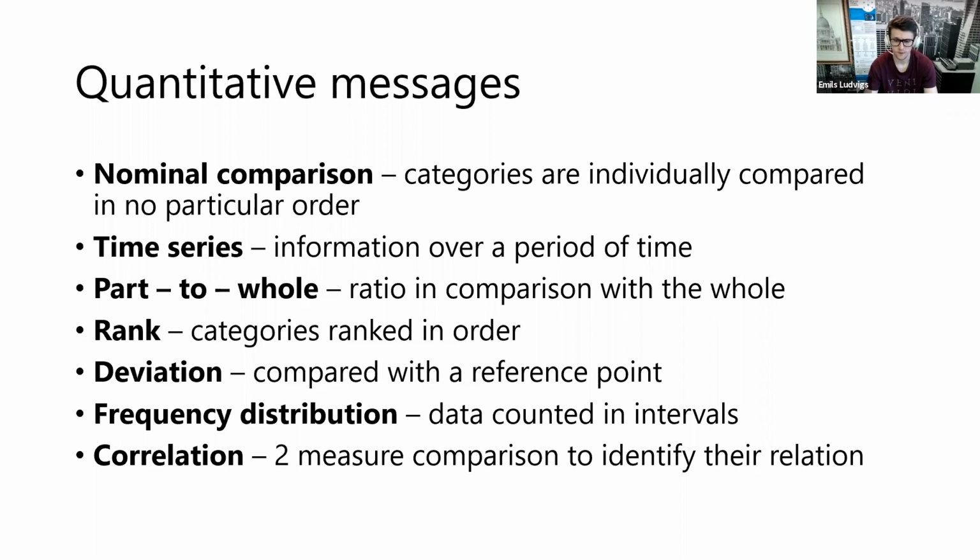Also for frequency, you can use the histogram and the box and whiskers plot, popular in the statistics world. And finally, there's correlation. We compare two measures, calculating the R value. But as I always say, correlation is not causation. So be careful when you are using it and when you are communicating with stakeholders.